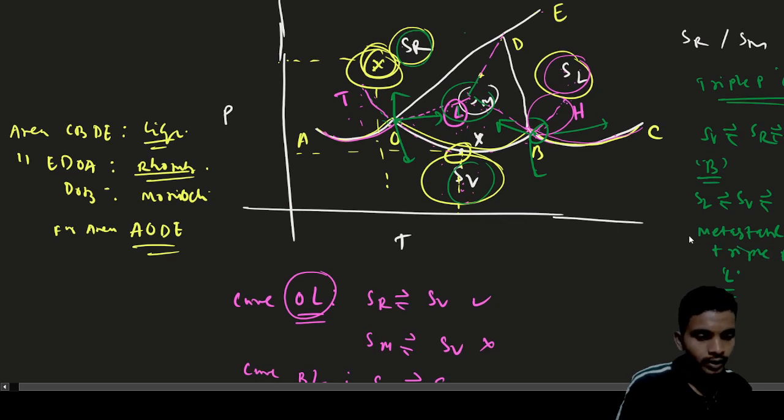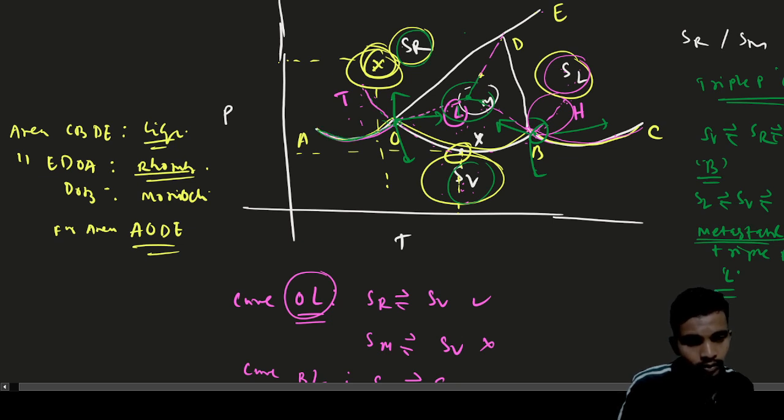So metastable point L, a metastable triple point L, this L, so this point comes from here.